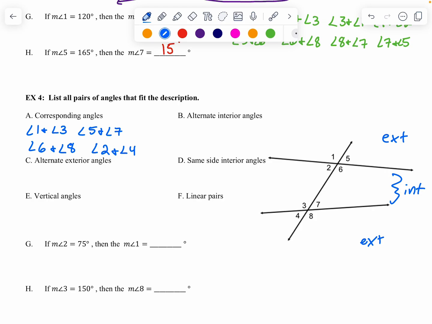So 2 and 7 are on the interior and they're across from each other. And 6 and 3. Alternate exterior. Exterior is on the outside, so 1 alternates with 8. And 5 alternates with 4.